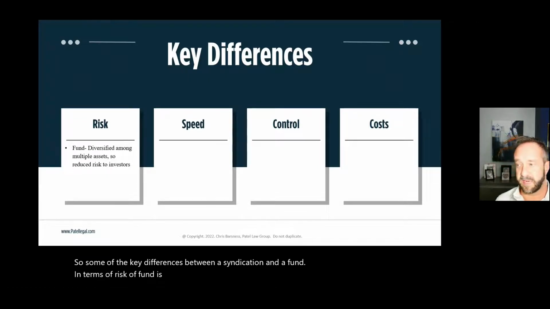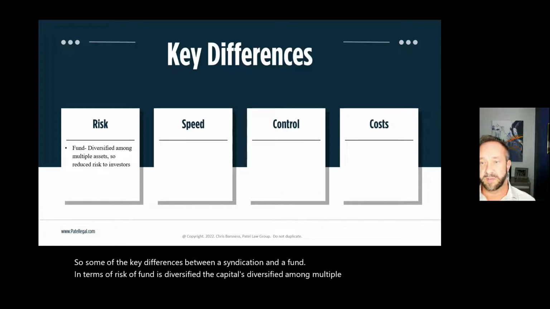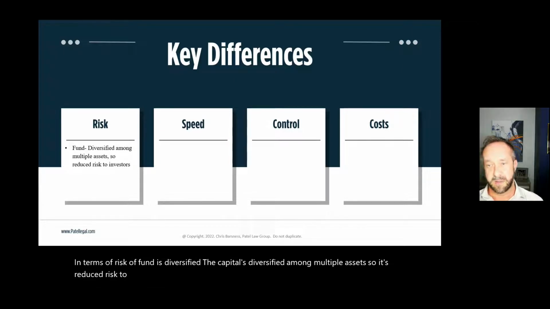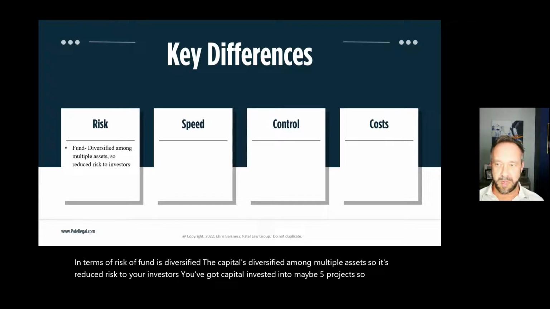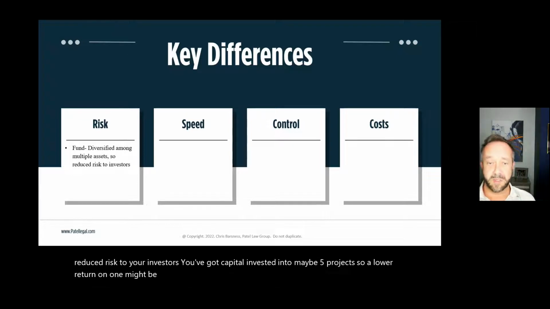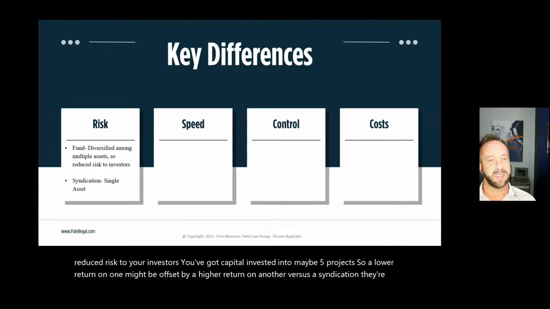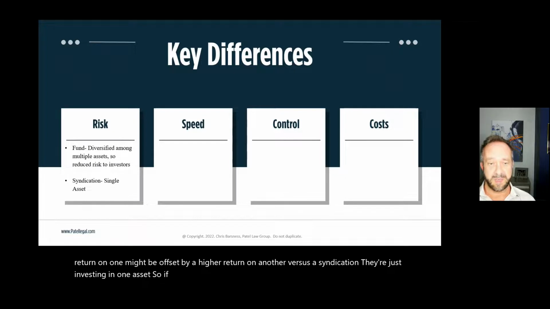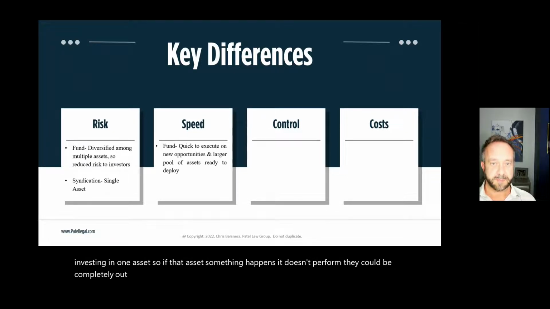The capital is diversified among multiple assets, so it's reduced risk to your investors. You've got capital invested into maybe 5 projects, so a lower return on one might be offset by a higher return on another. Versus a syndication, they're just investing in one asset. So if that asset, something happens, it doesn't perform, they could be completely out of luck.